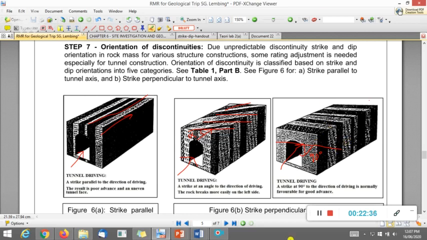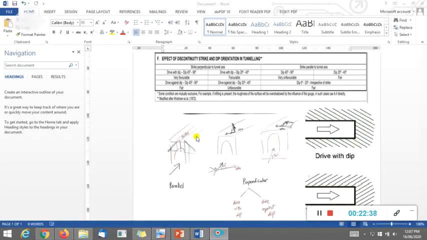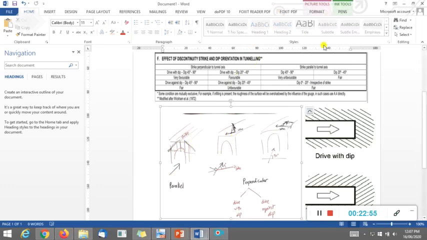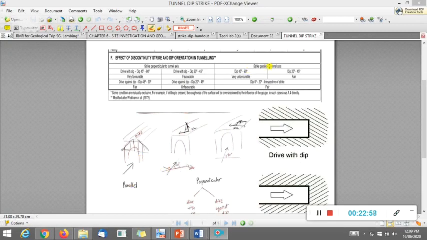If you still remember for strike and dip, you need to use the right hand rule. For example, for the first case, strike parallel to the tunnel axis, this is your drive direction. If you still remember, you can use the right hand rule.